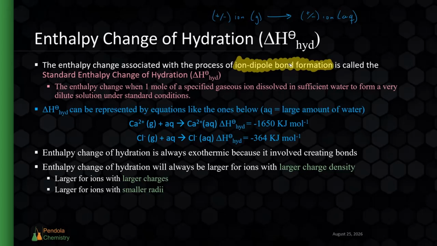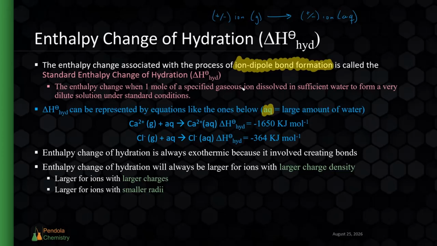Because of this, the enthalpy change of hydration can be represented by an equation that also uses the aqueous as a component, just as the enthalpy change of solution did.